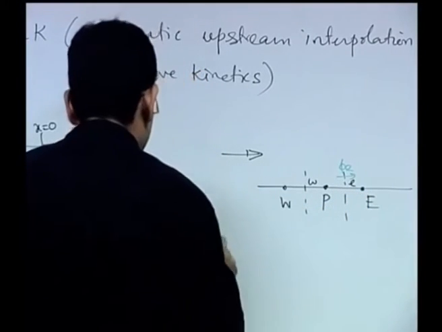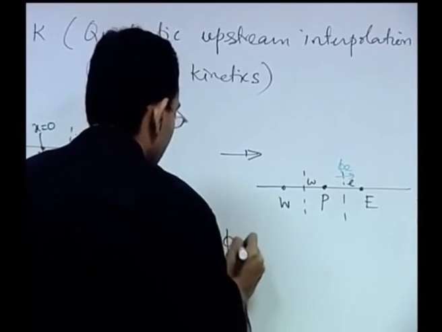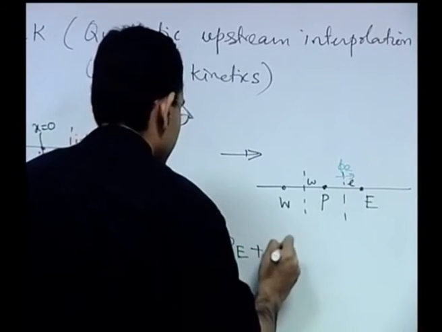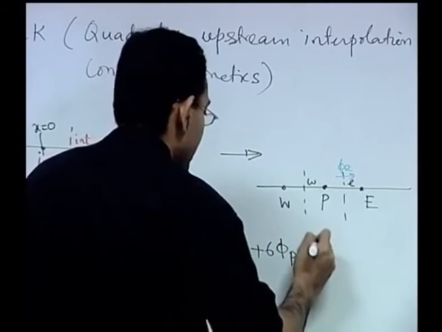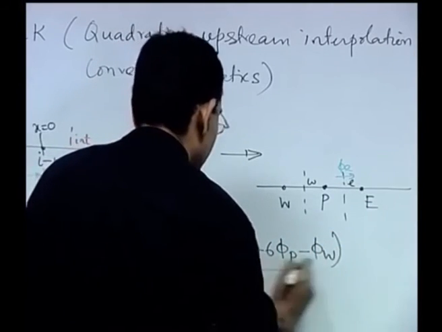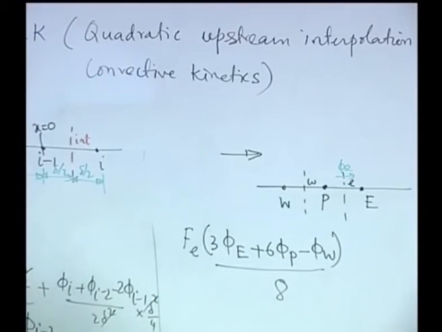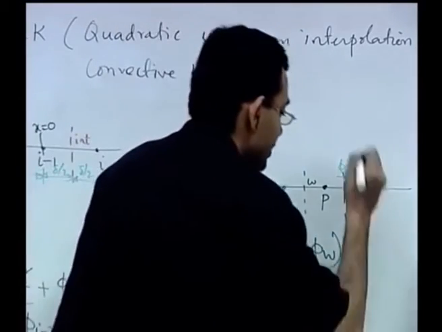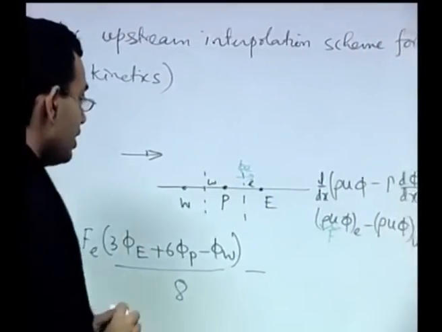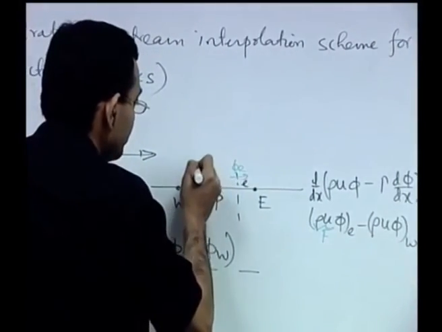So, 3 phi e plus 6 phi p minus phi w by 8, okay, minus, now you require phi small w.